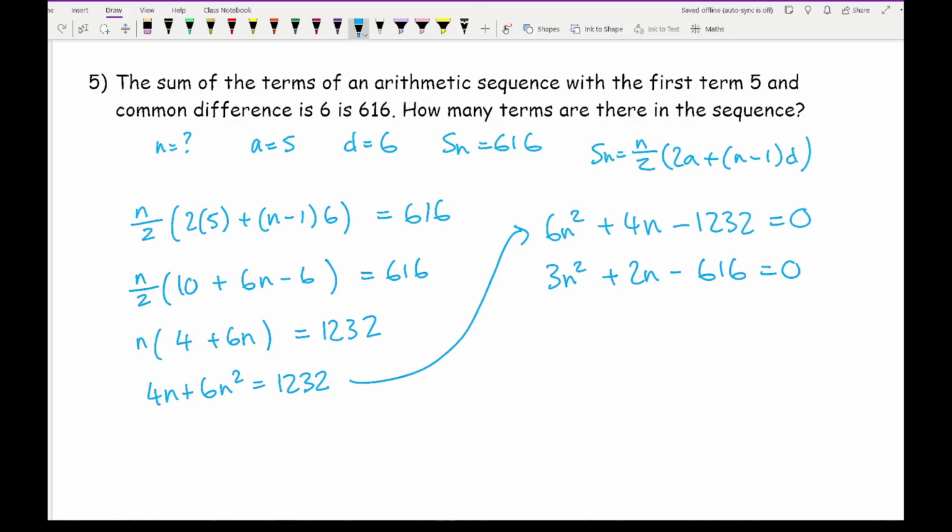I end up with (n minus 14), or should I say n, not x, and (3n plus 44). So in terms of my values, I've got n equals 14, or n equals minus 44 over 3. It definitely can't be this, so n must equal positive 14.